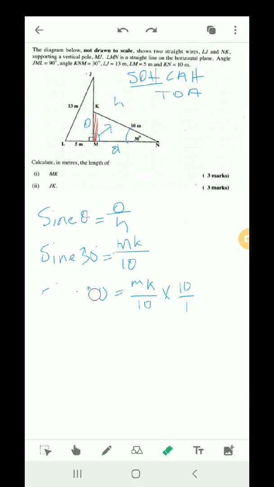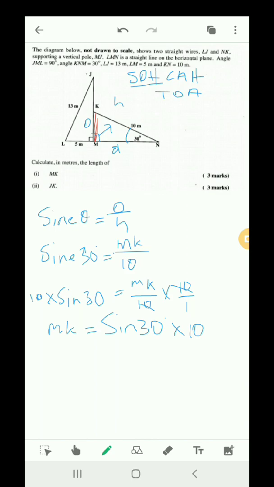Let me try rewriting that so I can have some more space. That's 10 times sine 30 degrees. Great. Now this 10 here will cancel this 10. So what we'll be left with is MK equals sine 30 degrees times 10.